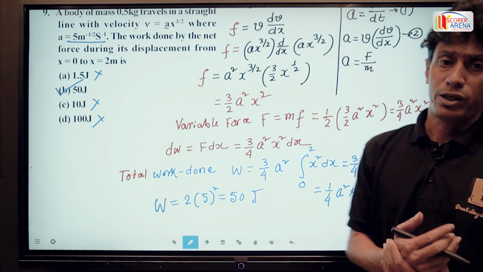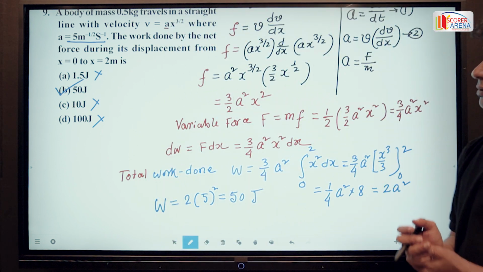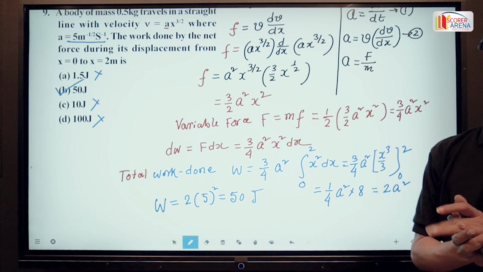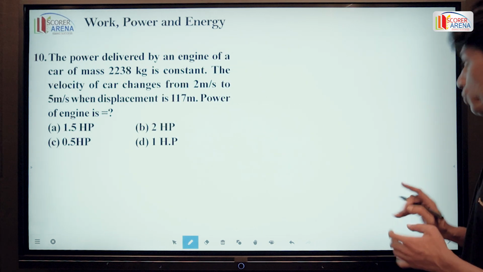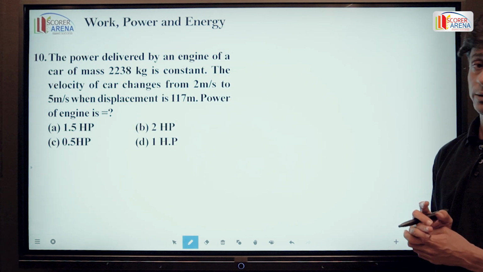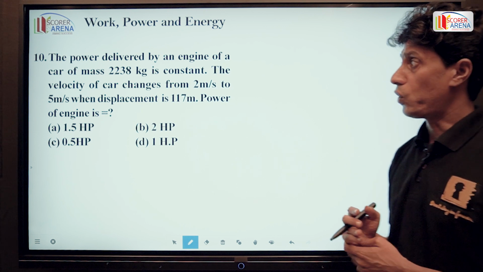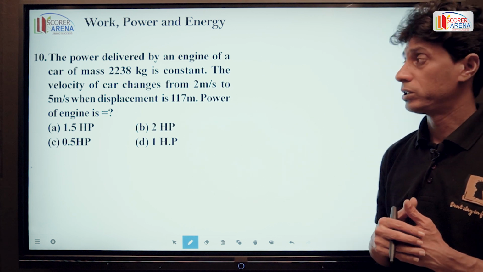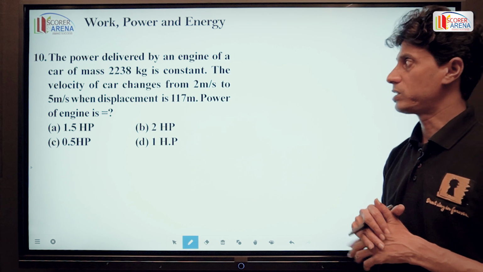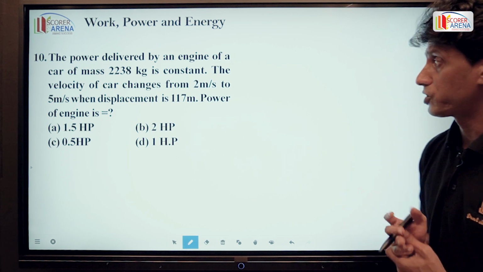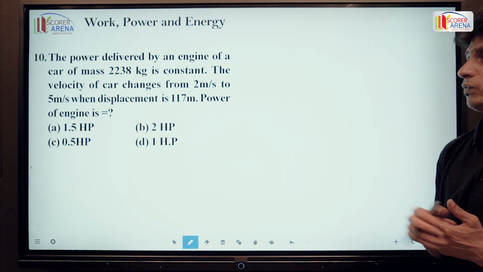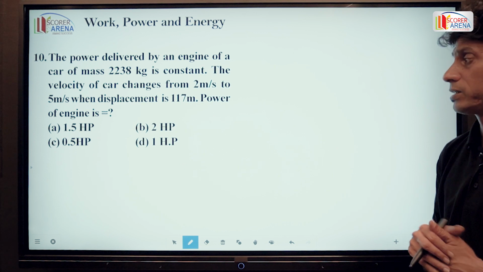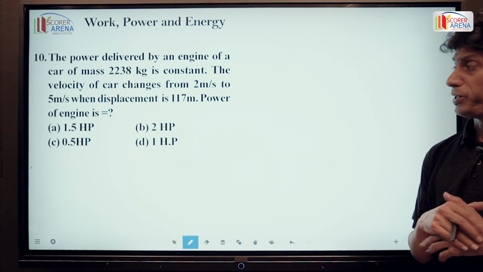So next question in our video lecture 1 of the chapter work, power, energy. Question number 10: the power delivered by an engine of a car of mass 2238 kg is constant. The velocity of the car changes from 2 meter per second to 5 meter per second when the displacement is 117 meter.